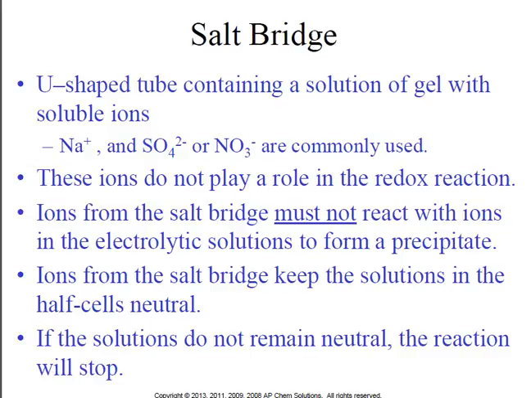The cations could move toward the cathode to combat those electrons that are coming in, and then the anions would go toward the anode. These are some popular cations and anions that are commonly used.